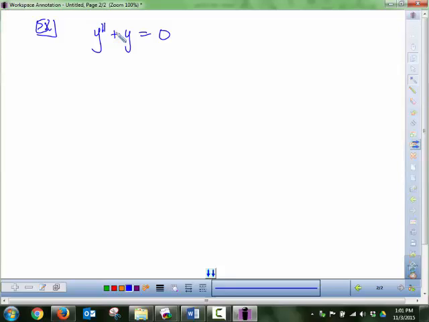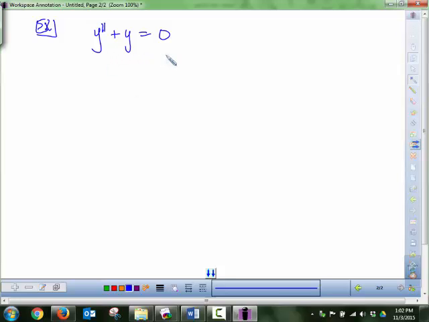So this thing, do we know the solution to this thing? Do you know off the top of your head by now? What is this solution? Yeah. So sine and cosine, right? C1 sine x plus C2 cosine x, or sine and cosine switched, or whatever.